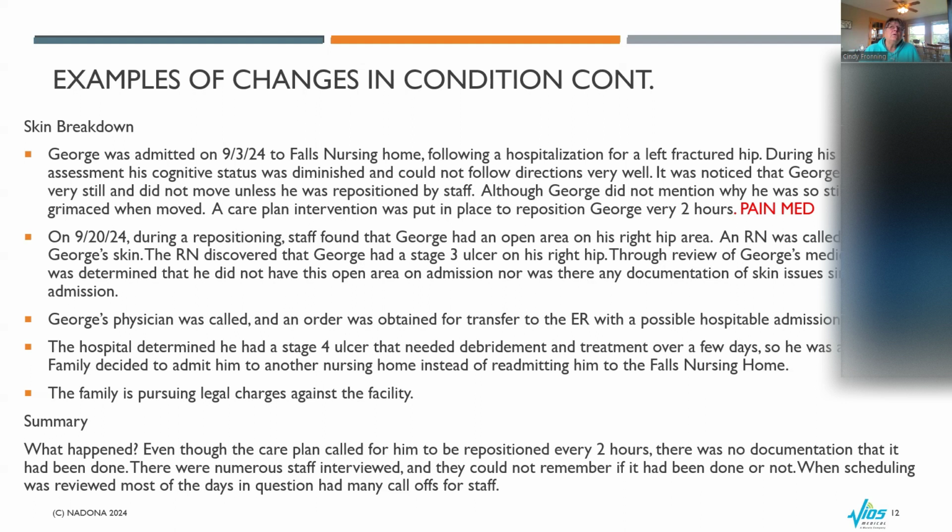Again, how could we have prevented this? How could we have identified that he wasn't being turned or that staff weren't repositioning him? We take it on faith that if it's in the care plan and the staff know about it, that they'll do it. But they don't always tell us when they don't.